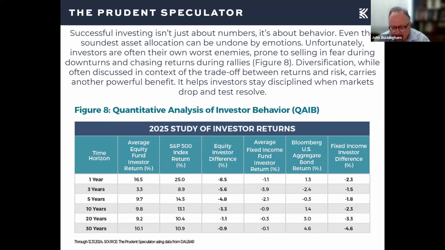Because again, over 30 years, the aggregate U.S. bond return has been 4.6%. Yet the average fixed income fund investor had a 0% return over that time. So having the ability to navigate the ups and downs, ride through all of the volatility you're going to see is 95% of the game, because so many investors shoot themselves in the foot by panicking in April of this year, the Liberation Day tariffs, go back to the pandemic.